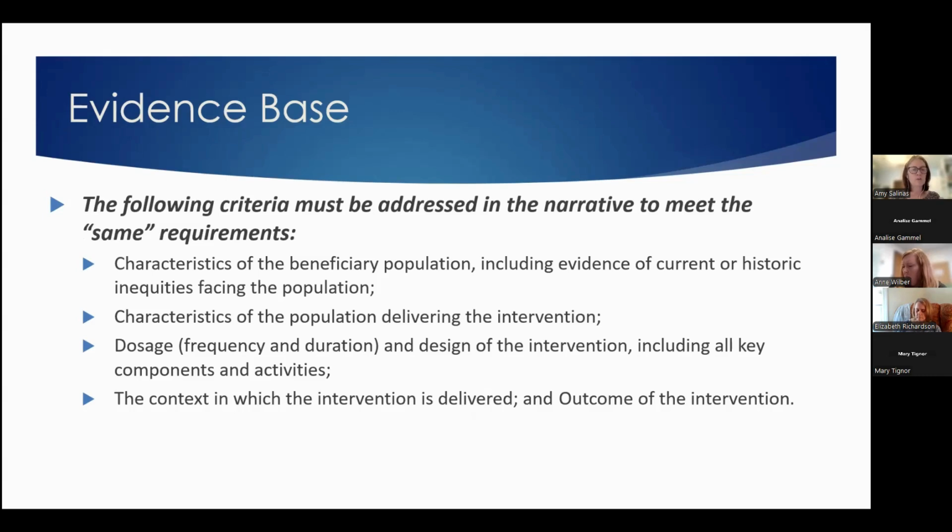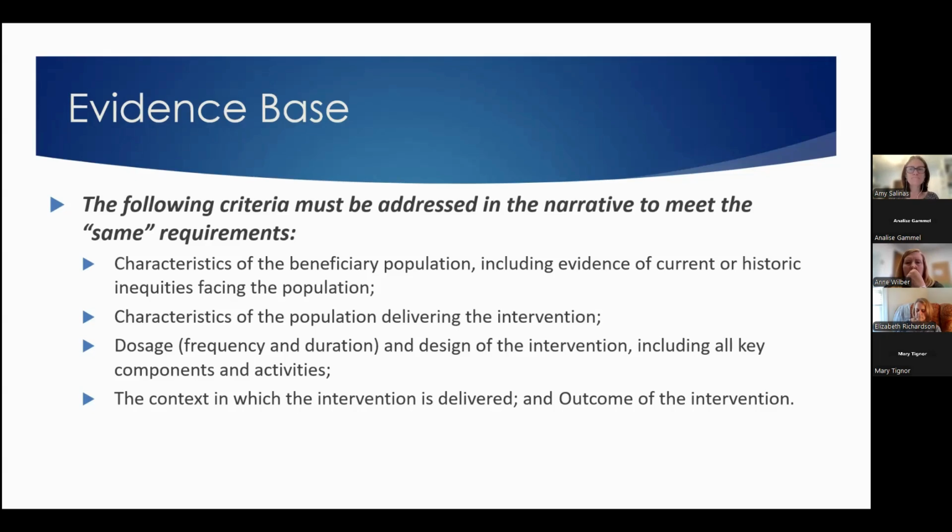You have to talk about how you're the same on the characteristics of the beneficiary population, the characteristics of the population delivering the intervention, the dosage and design of the intervention, and the context in which the intervention is delivered. Again, if you're using an evaluation that another organization has done as your evidence because you're saying you're doing something similar or the same, you have to show it on these 4 areas.